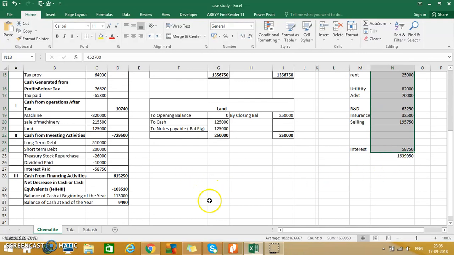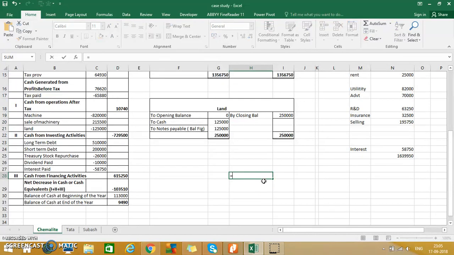Let us see what the company's daily expenses are that it will need to pay from cash. It is 16,39,950 divided by the 365 days in a year. So the company needs $4,493 per day to meet its daily expenses. And what is the amount the company has in the form of cash?